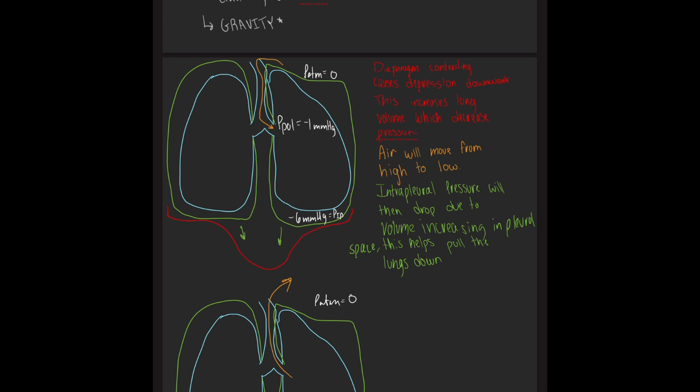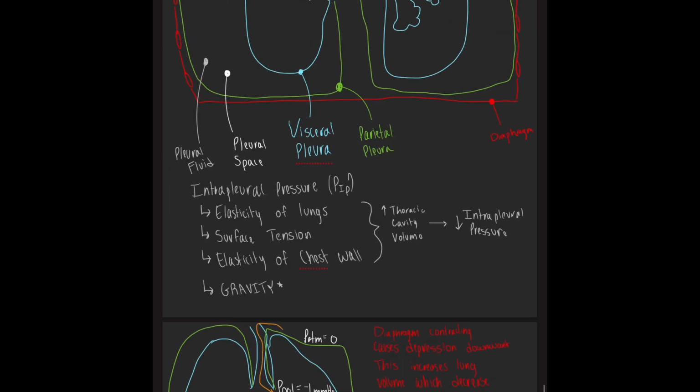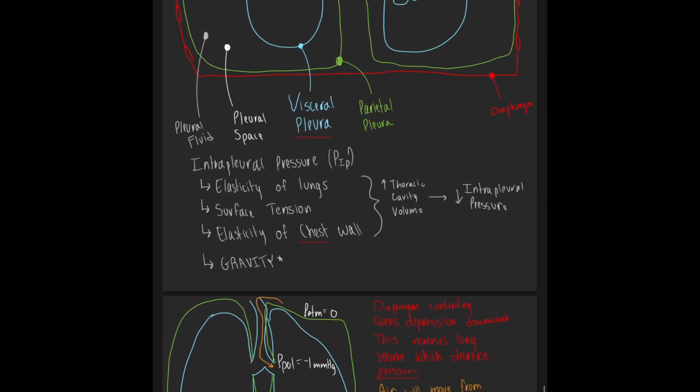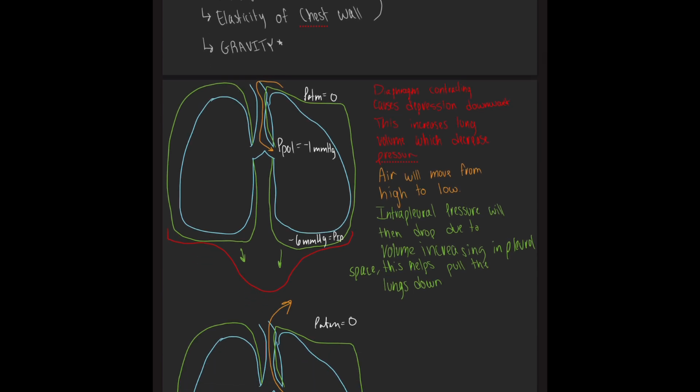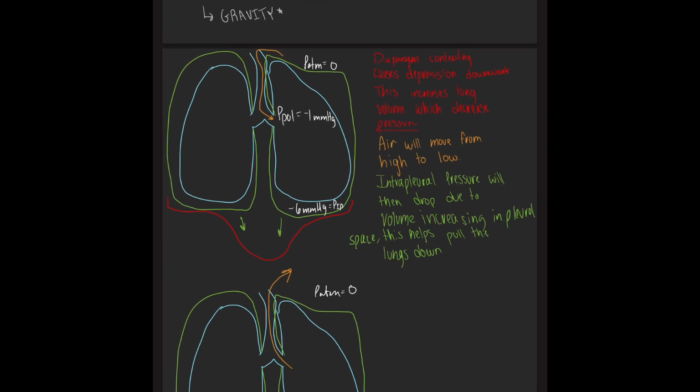Okay, so the diaphragm is contracting, which causes the diaphragm to move down. So what does that do? That increases the volume of that pleural space, right? The parietal pleura is going to move down. We're going to have more space to be had, which is going to decrease the pressure in the lungs and the pleural space, right?